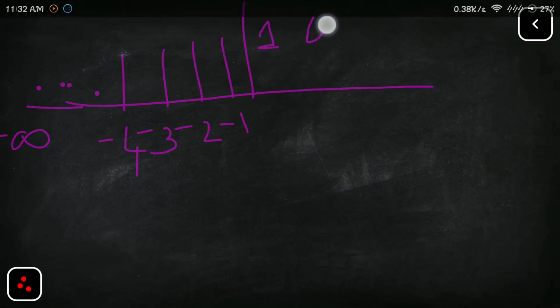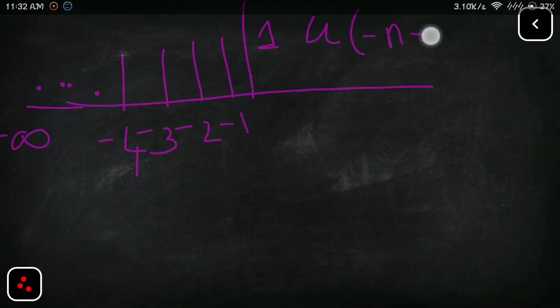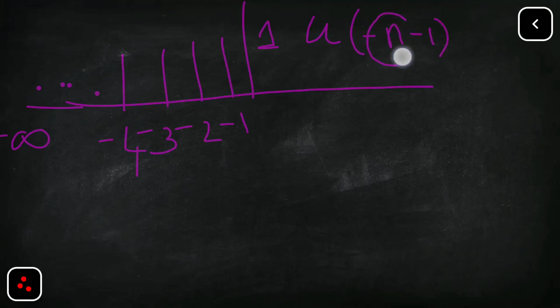So this is your u of minus n minus 1. Many people will make a mistake here. They take the reflection first and then the shifting process. No, this is your particular signal. U of minus n minus 1 is this one, right? This is the original answer for u of minus n minus 1.